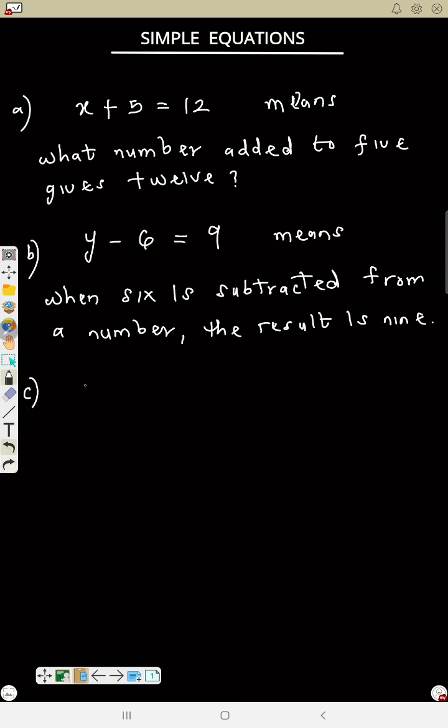Let's say we have 9 minus z is equals to 5.